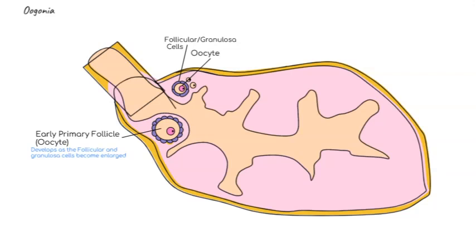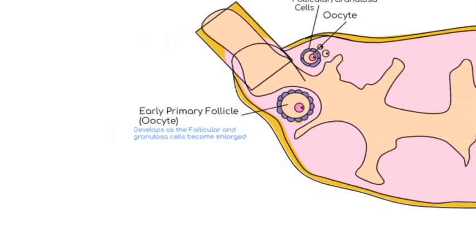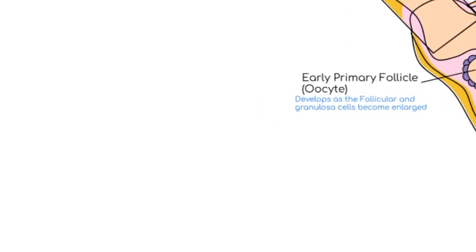Now the primary oocyte will start its first meiotic division. Before this meiotic division happens, during prophase 1, DNA will replicate itself. As you know, when a cell is about to divide, whether mitosis or meiosis, first it is going to replicate its DNA. It's going to double its DNA, right?